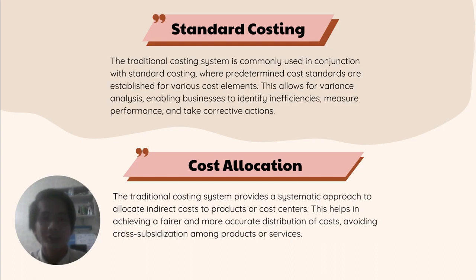Cost allocation. The traditional costing system provides a systematic approach to allocate indirect costs to products or cost centers. This helps in achieving a fairer and more accurate distribution of costs, avoiding cost subsidization among products and services.